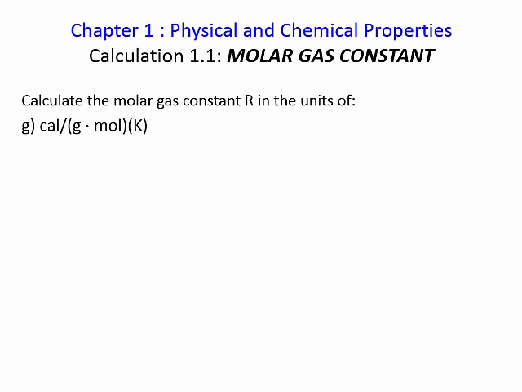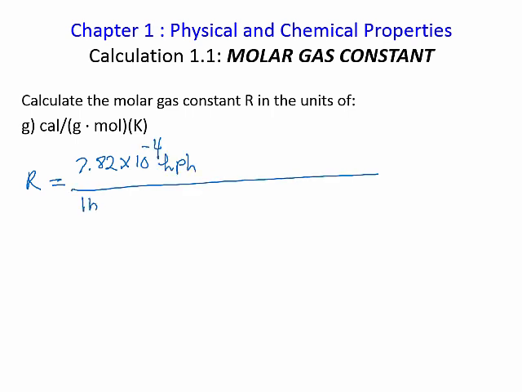Finally, for part G, we will use the value of R obtained in part E. R was equal to 7.82 times 10 to the minus 4 horsepower hour divided by pound mole degrees Rankine.